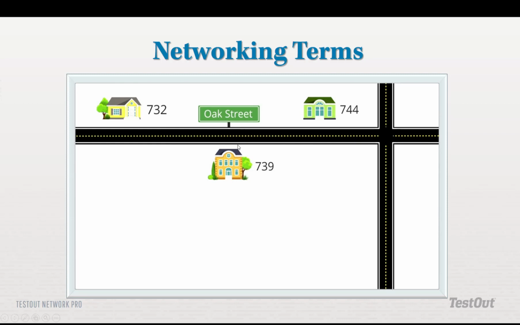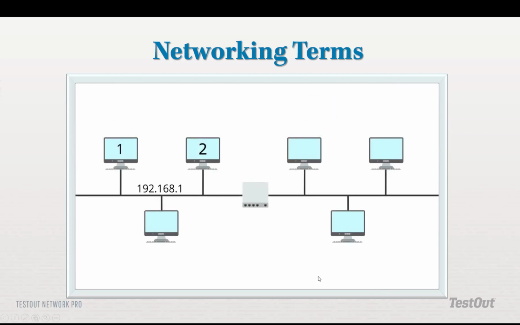So Oak Street would be the network and 732 would be the host. And so we have an IP address. This is the network itself, and all these would be the hosts. So this might possibly be 192.168.1.1, 1.2, 1.3, 1.4, 1.5, 1.6, or whatever is determined.